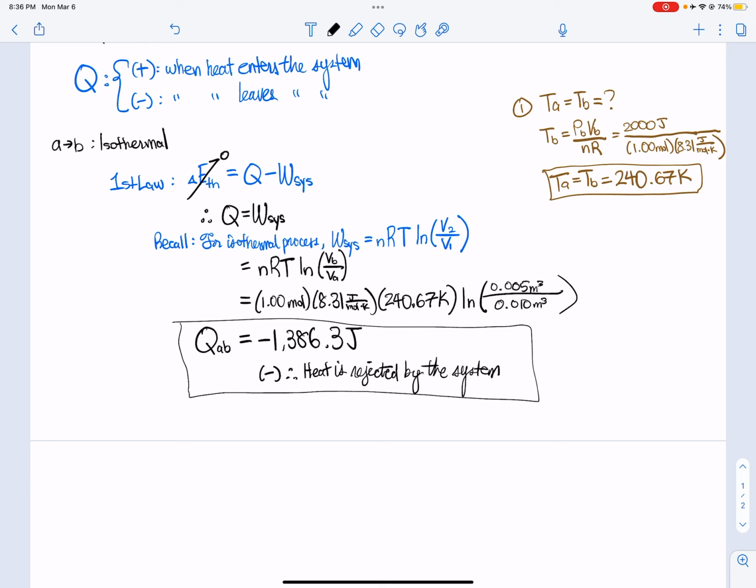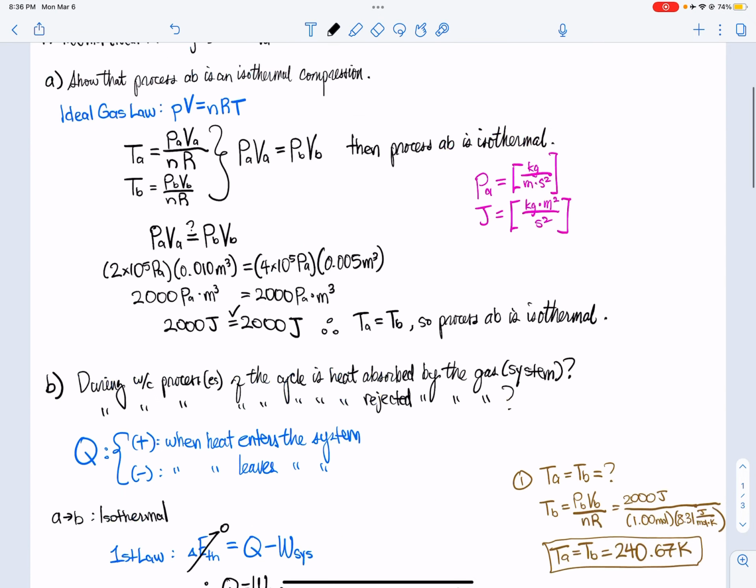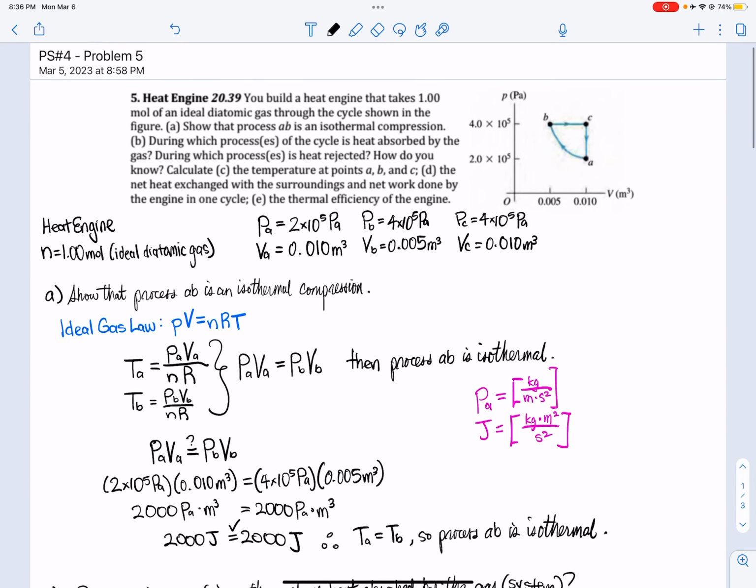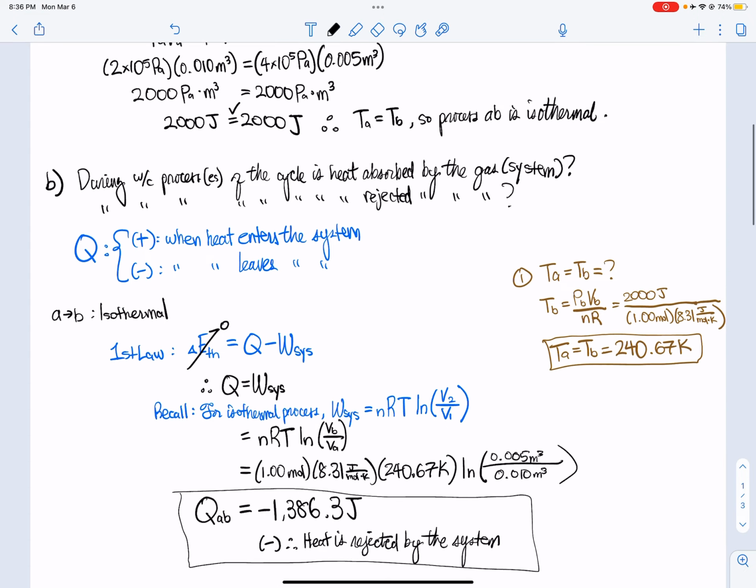So now let's look at process BC. Okay, process B to C. Process BC is isobaric, right? Because if you look at the PV diagram, the pressure is constant from state B to state C, right?